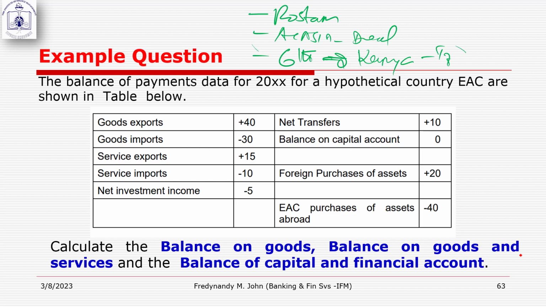Required: calculate the balance on goods and services, and the balance of capital and financial account.